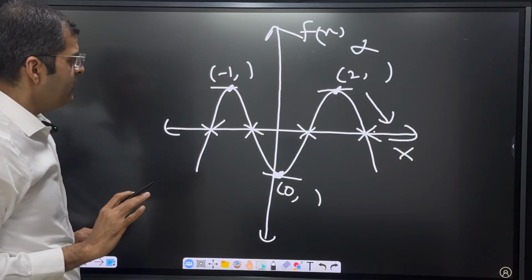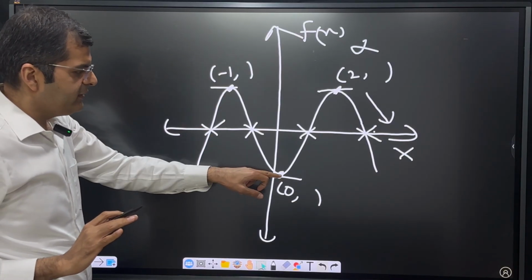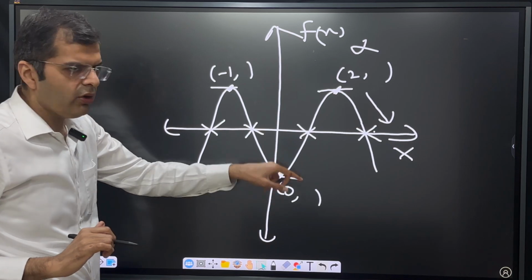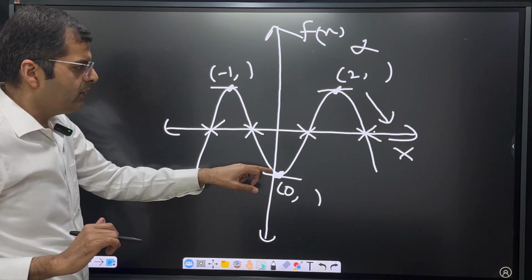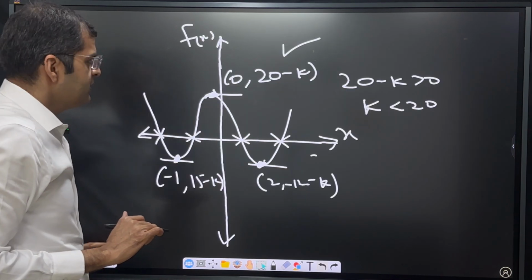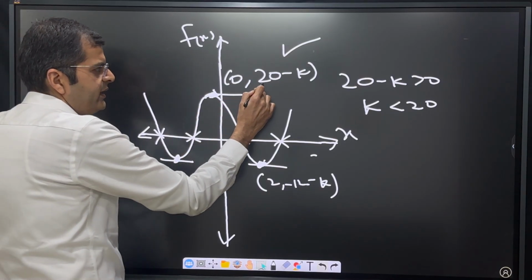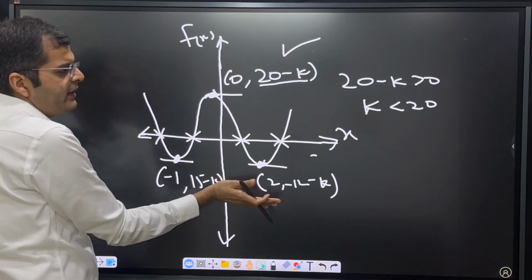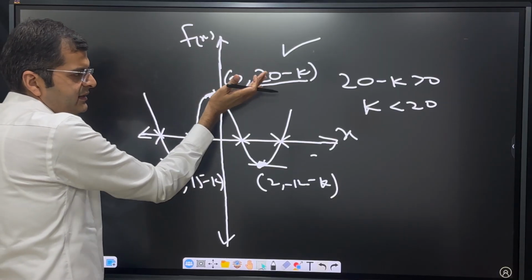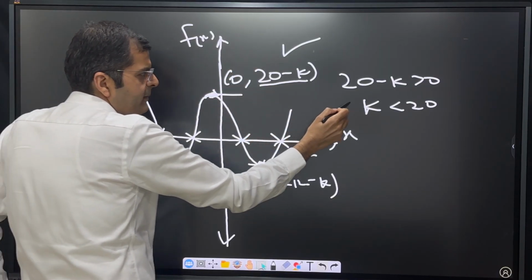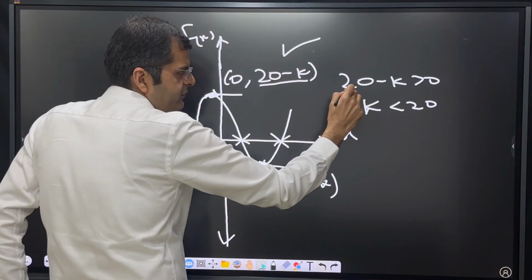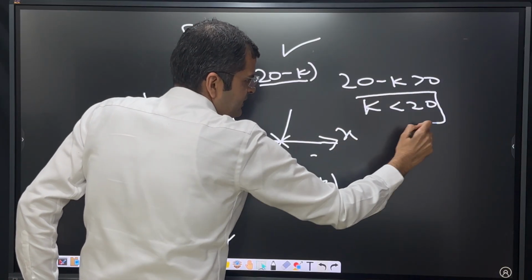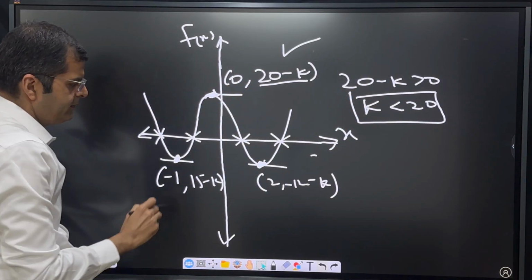Because in the other graph, the y coordinate should have been less than 0. But this is not the correct graph. This is the correct graph. So the y coordinate, which is 20 minus k, has to lie above the x-axis. If it is lying above the x-axis, 20 minus k has to be positive. That means k is less than 20. This is one condition we get.